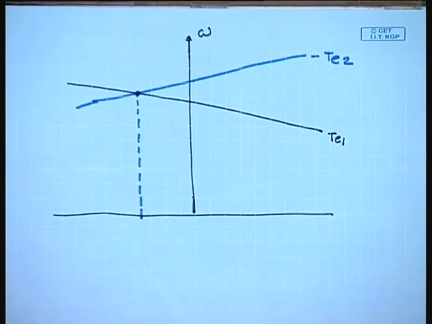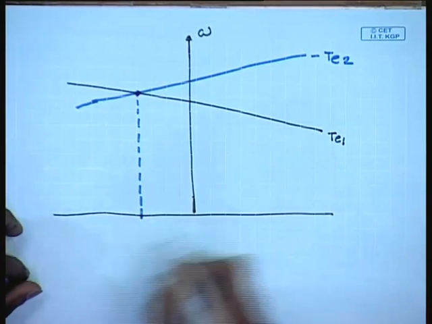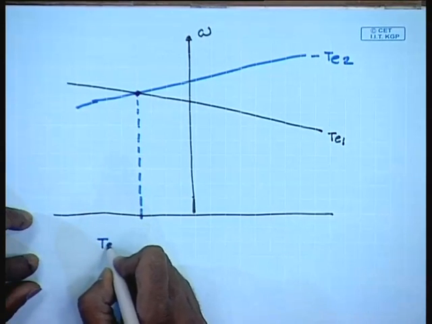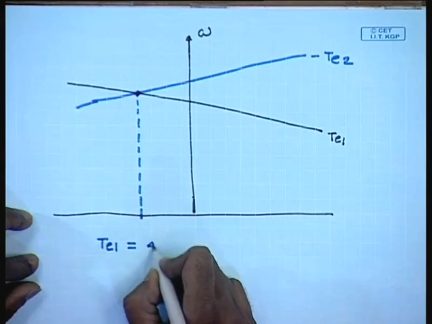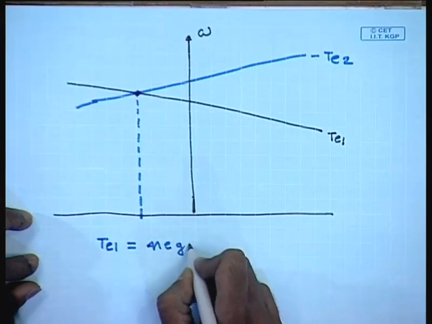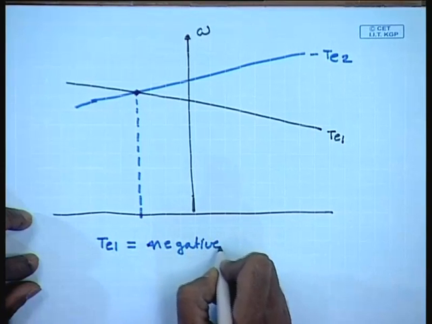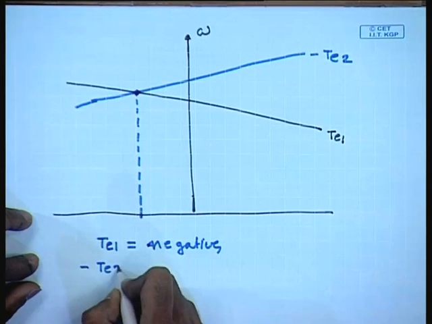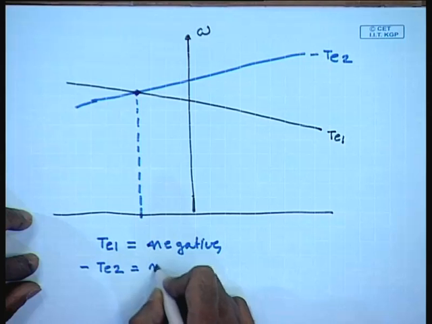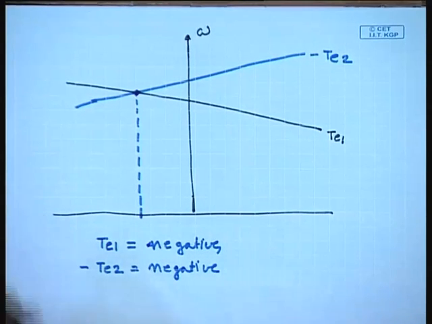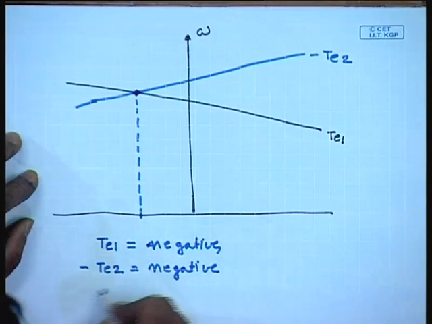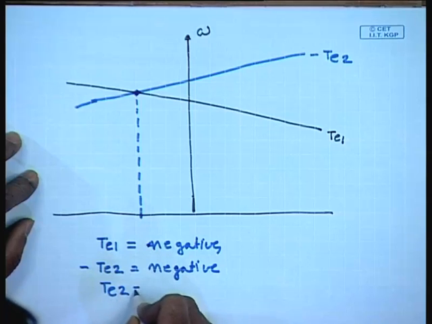So, actually in this case Te1 will be negative and minus Te2 is negative, that means Te2 is positive.